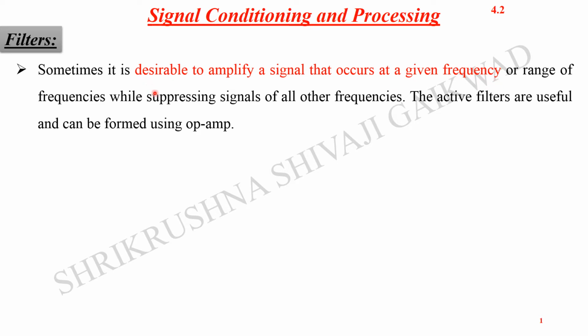This is something like circuitry which can allow or stop certain frequencies. Okay, so here it is always desirable to amplify certain signals, and that occurs at given frequencies. Means certain frequencies have to be transmitted. Certain frequencies only we are talking about, not all the frequencies are required.